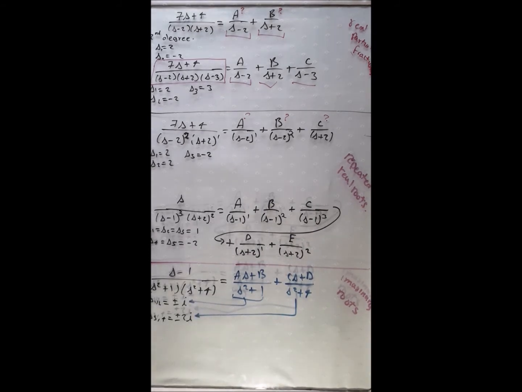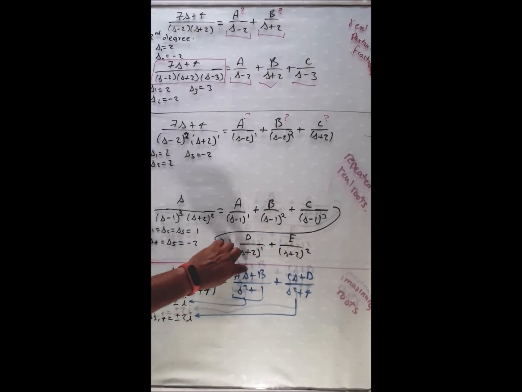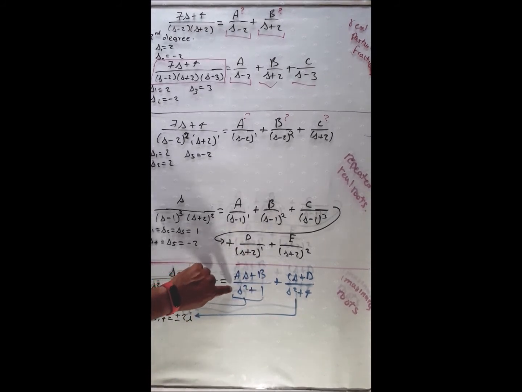Now, because this is 4 degrees, you are supposed to have 4 partial fractions, and you do have it. Here is 2, and here is 2 partial fractions. One contains the s and the other is without the s, and so on. But this one is for i, and this is for 2i in the imaginary roots. Okay, so that's the rule for partial fractions in the imaginary roots.